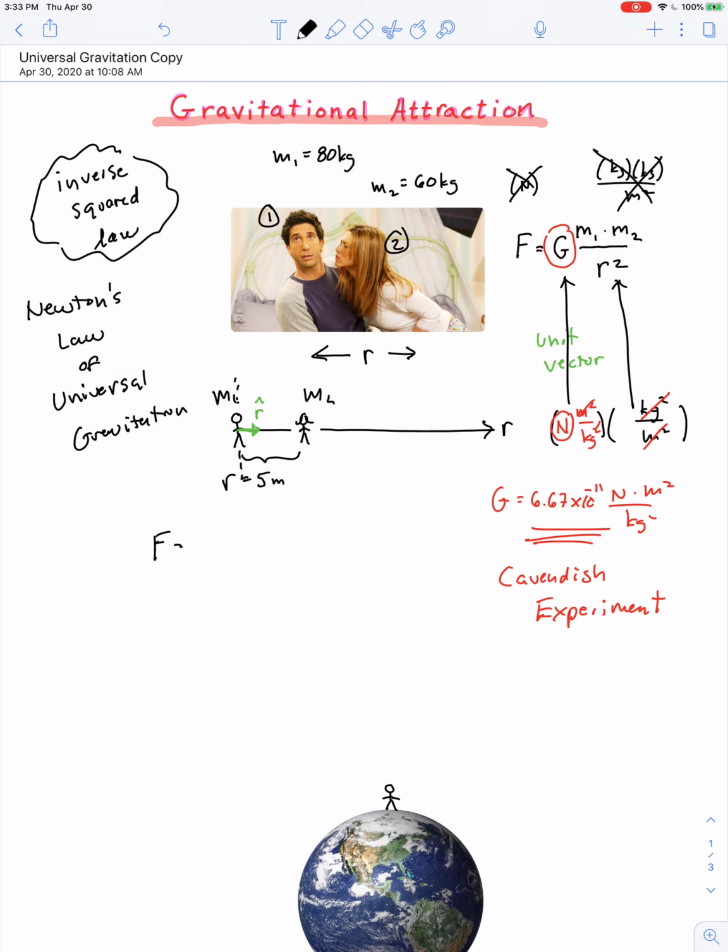The force is equal to 6.67 times 10 to the negative 11th newton meters squared per kilogram squared, multiplied by 80 kilograms, and multiplied by 60 kilograms, and then divided by 5 meters squared.